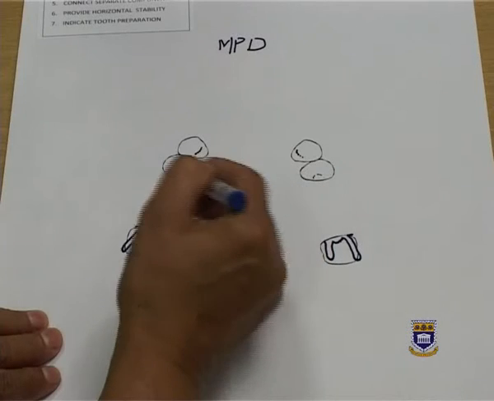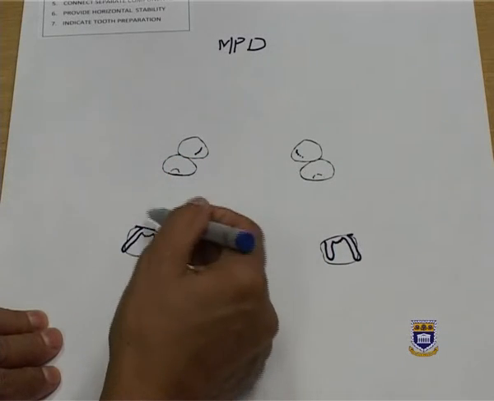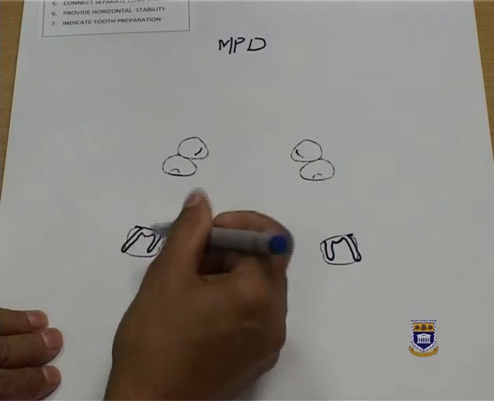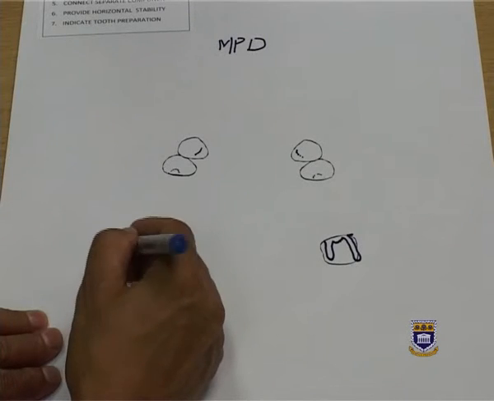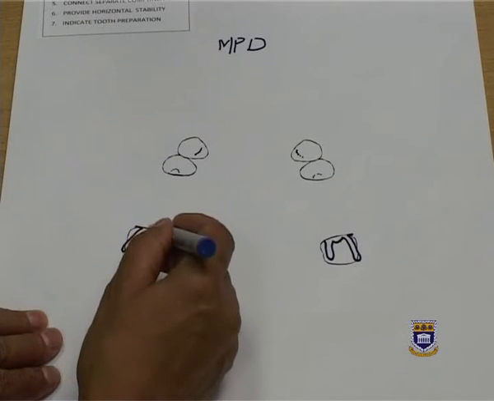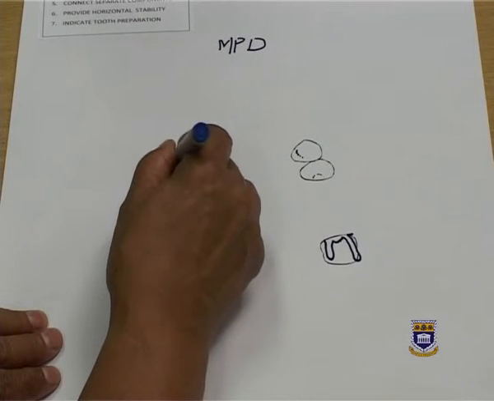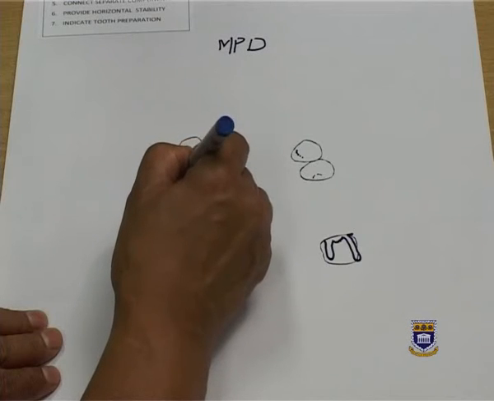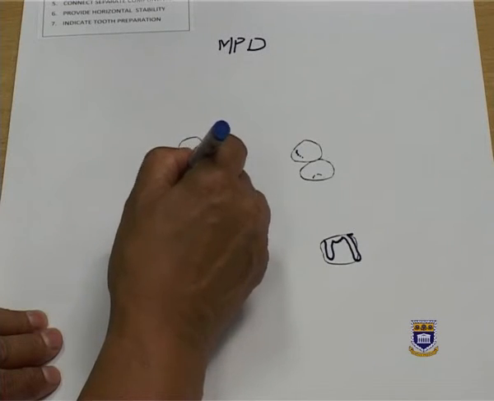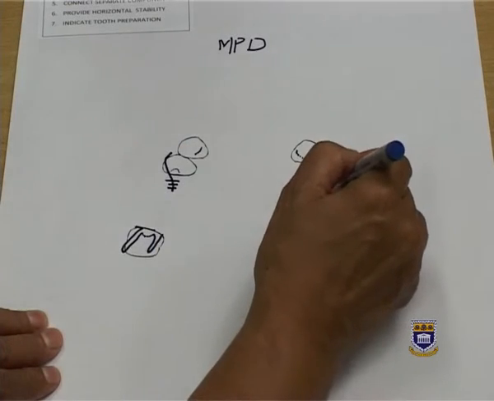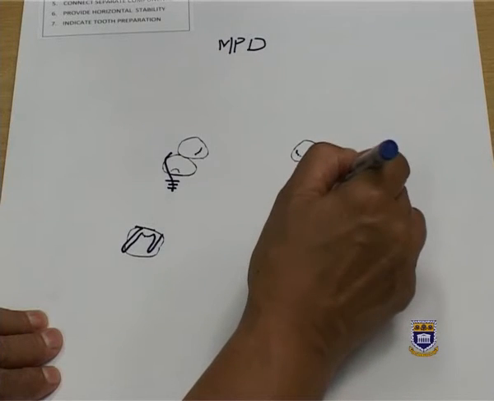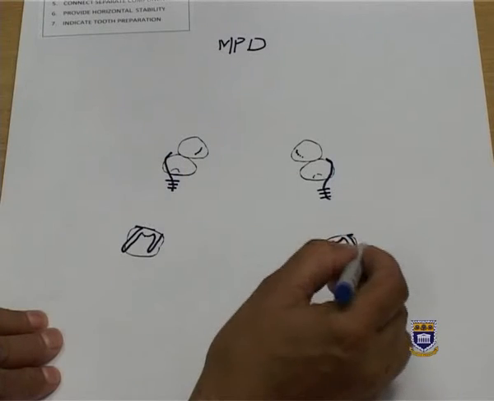I've got 2 premolars, and I cannot use the circumferential clasp because the circumferential clasp needs to be long, which can only be provided by the mesiodistal length of a molar. So in the case of premolars, I'm going to ask the technician to solder on a C clasp. C clasps are referred to when we use stainless steel wire.